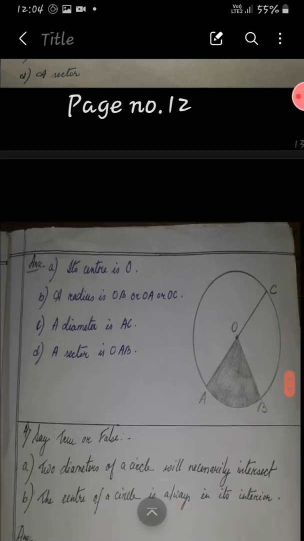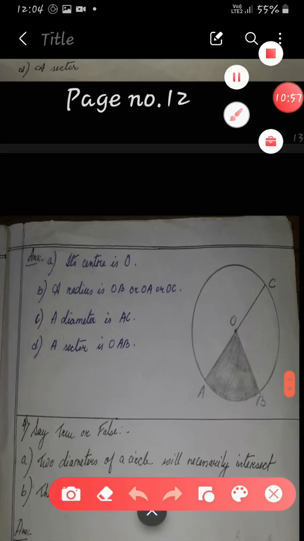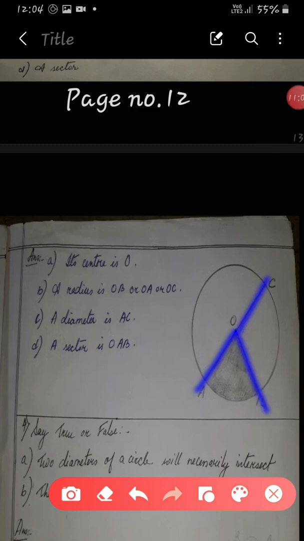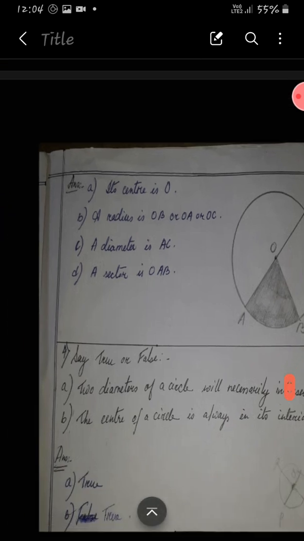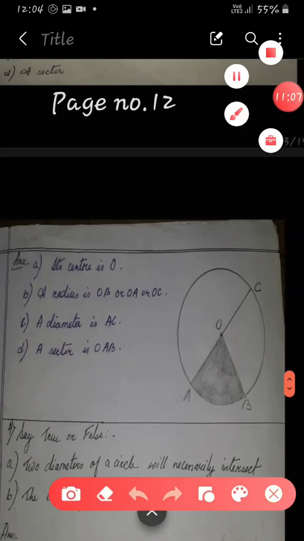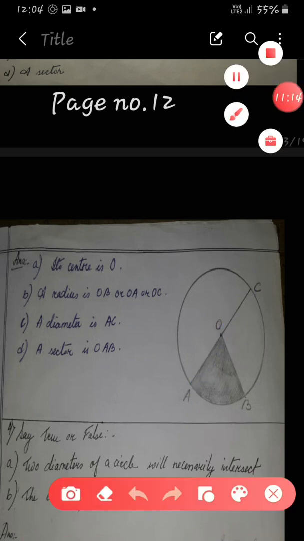Yes, OA is a radius, OB is a radius, OC is a radius. Then a diameter: obviously this AC is a diameter. And then the sector. Yes, this AOB, this part is the sector.